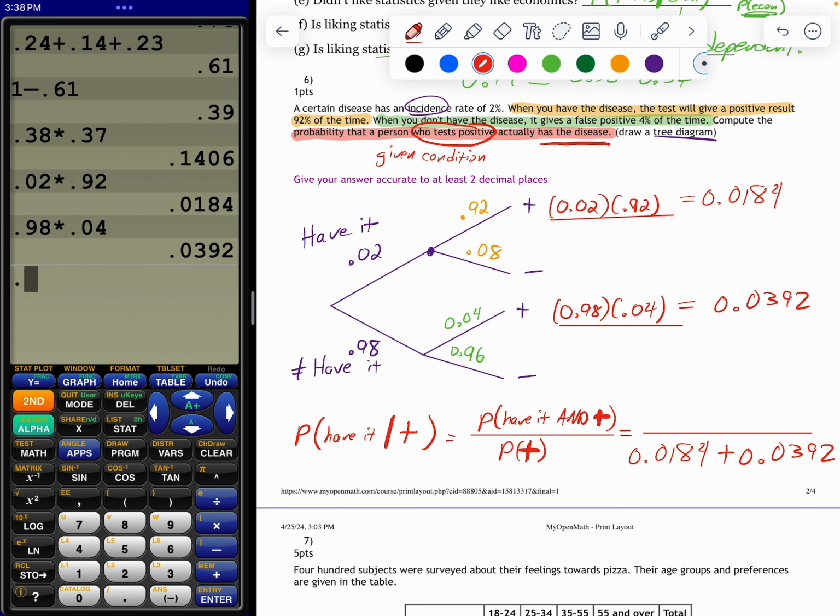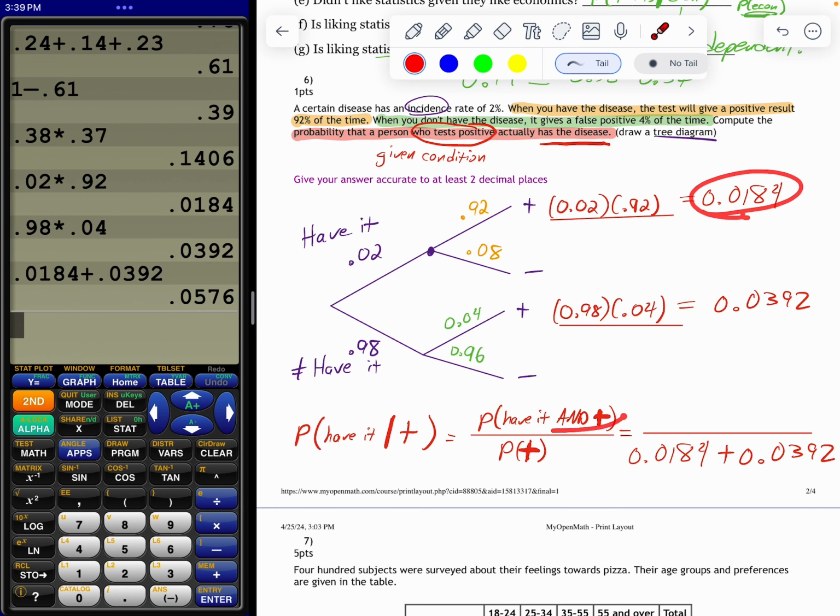Another way to think about this, let me get the number first, or to understand it, is that that's about 5.7%. So in other words, in this situation, 5.7% of people will get a positive test. Of the people with the positive test, how many of them actually had it? That's this group.